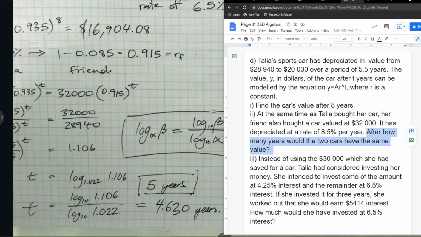She intended to invest some of the amount at this rate and the other at that rate. If she invested it for 3 years, she worked out that she would earn that much interest. How much would she invest?